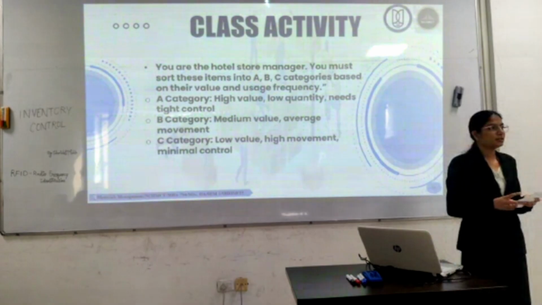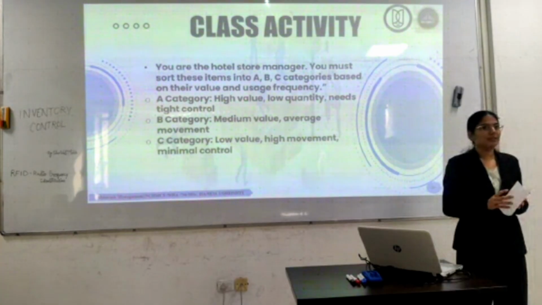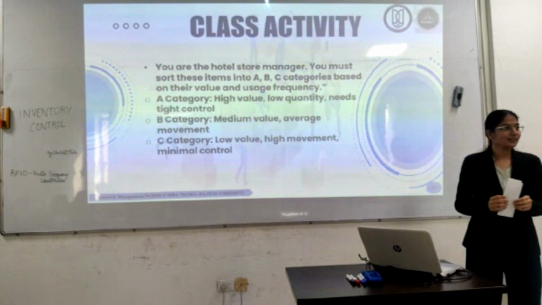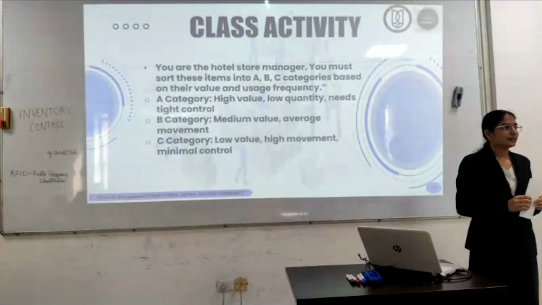Kitchen equipments. Housekeeping chemicals. D is correct. Why? Because they are expensive. Housekeeping chemicals, the ones used for cleaning, are considered in C category, as I mentioned.